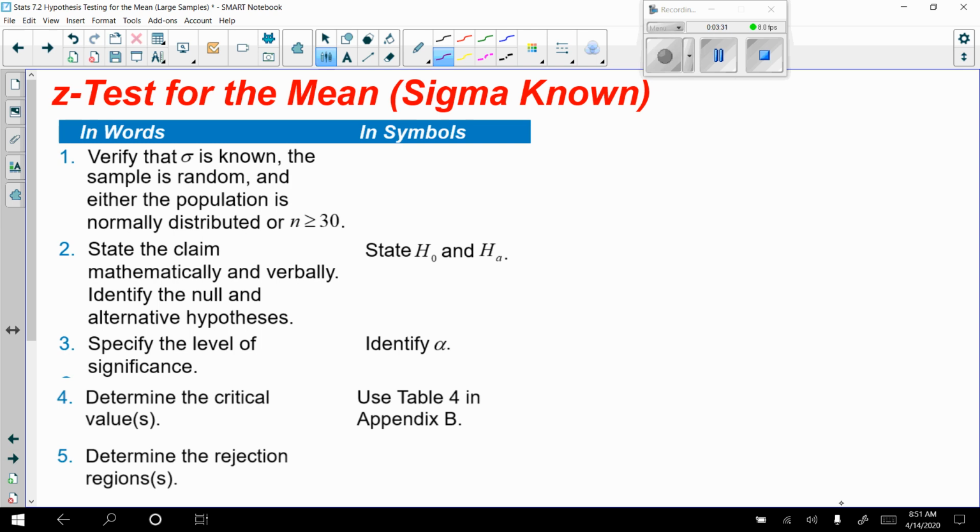So if I'm doing a z-test for the mean, I'm going to follow these steps. Check, make sure that your conditions are met. State your claims. What's your H0? What's your H alternative? Identify your significance level. What is your alpha? Find those critical values, or use the inverse norm.